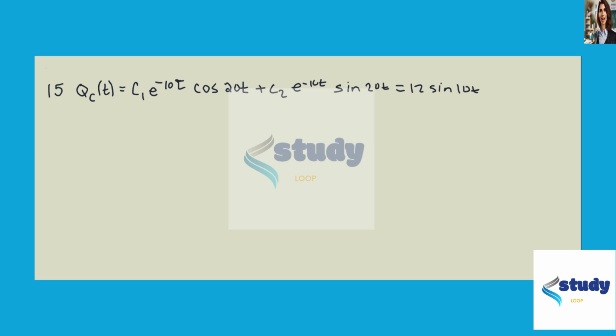So my equation I have from the previous problem is q double prime plus 20 q prime plus 500 Q is going to equal 12 sine 10t.